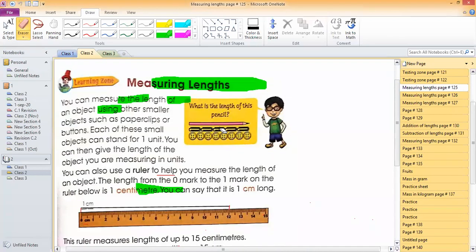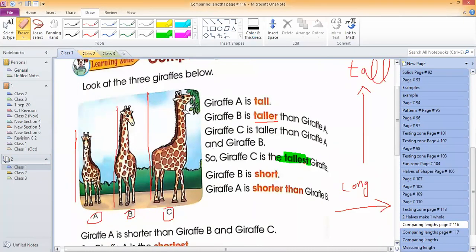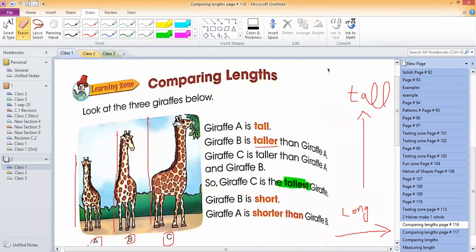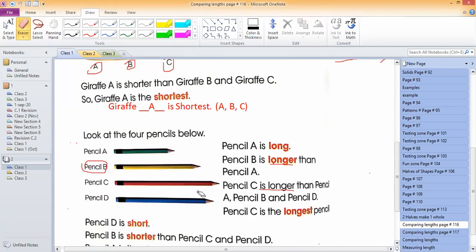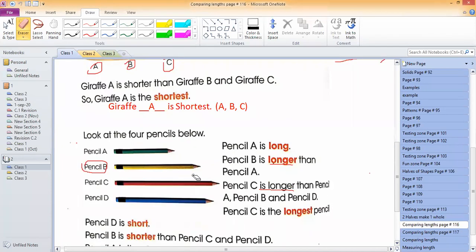Until now, you were just comparing the length, like the giraffe, this is longest, this is shortest. But you were not aware how tall the giraffe is, or how long the pencil is.